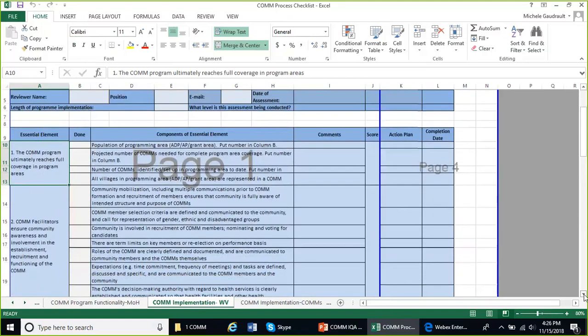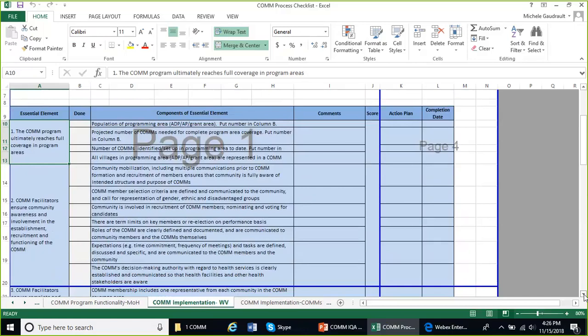We have an element related to coverage, that ultimately the DFs are reaching full coverage with the COMM program.